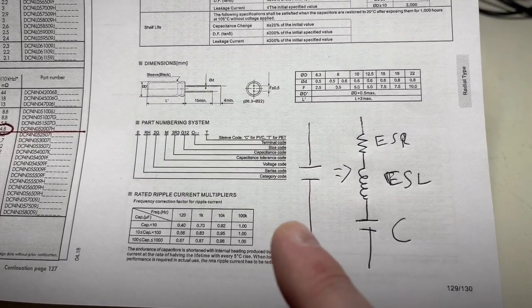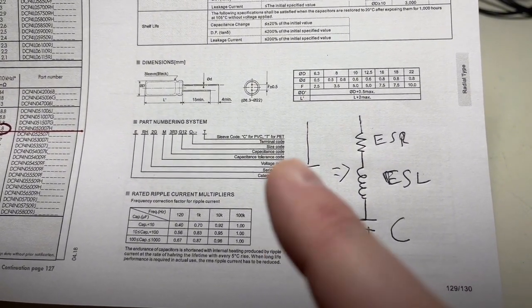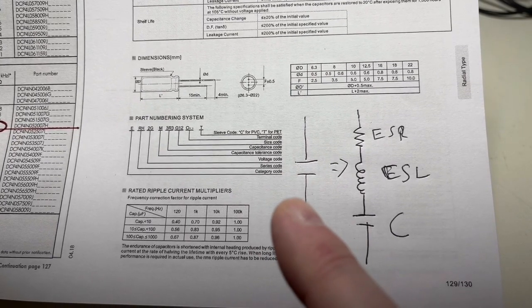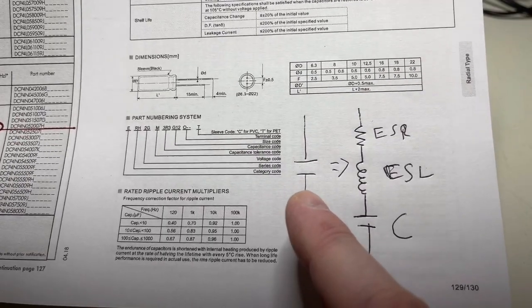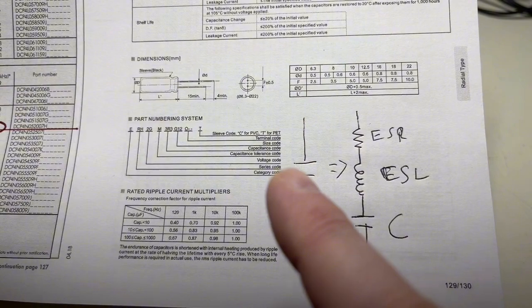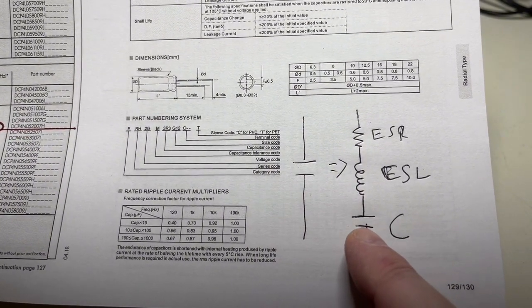But we all know that we are not living in an ideal world. In electronics and in general, our world is not ideal. So instead of a capacitor looking like that and behaving like a pure capacitor, it looks like that, with parasitics.